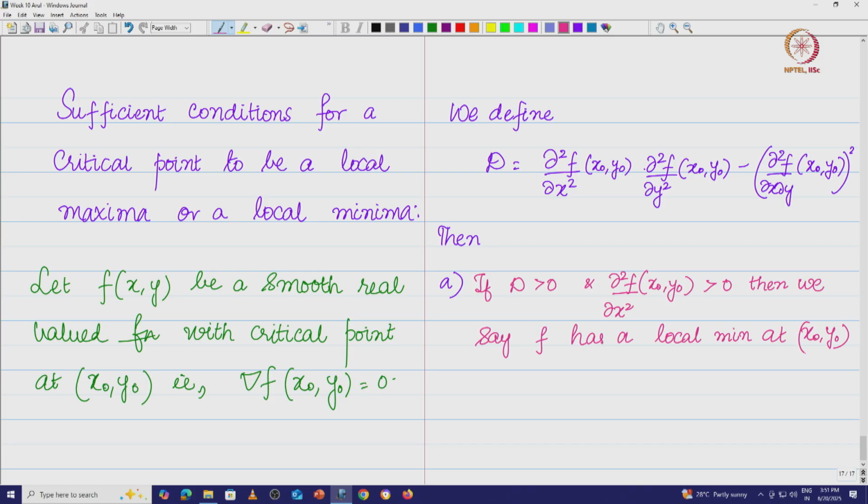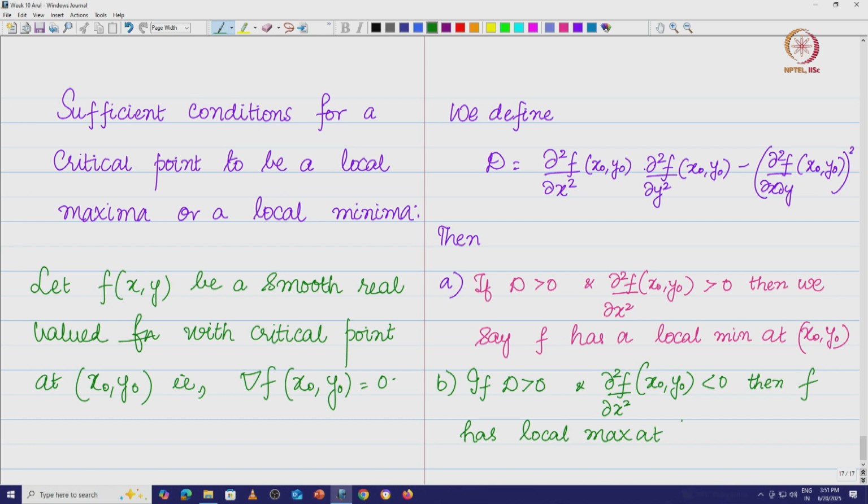The second one, B, if d is greater than 0 and dou square f by dou x squared at x naught comma y naught is less than 0, then f has a local maxima at x naught y naught.